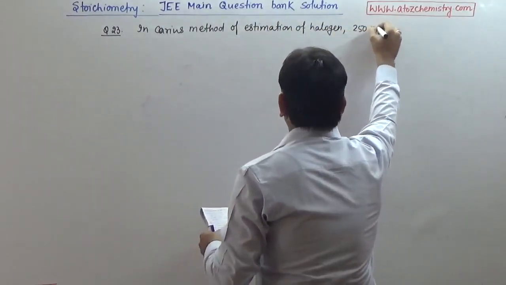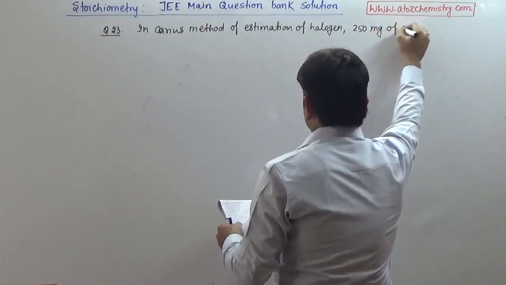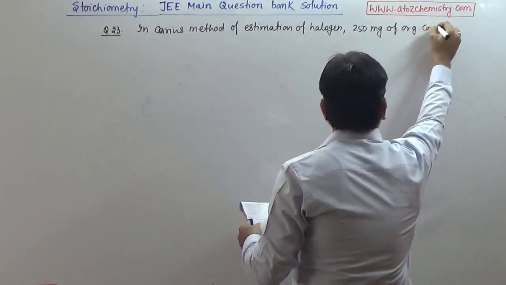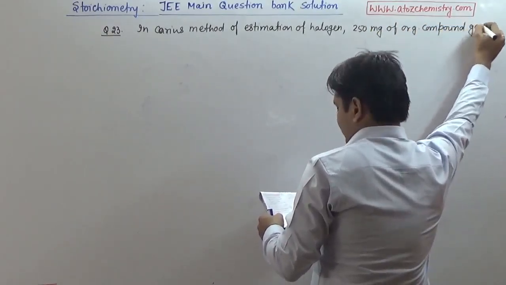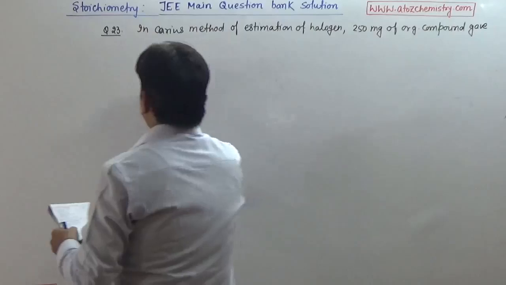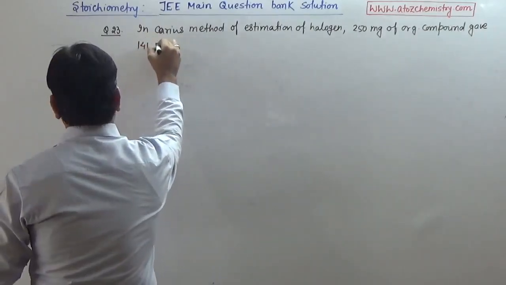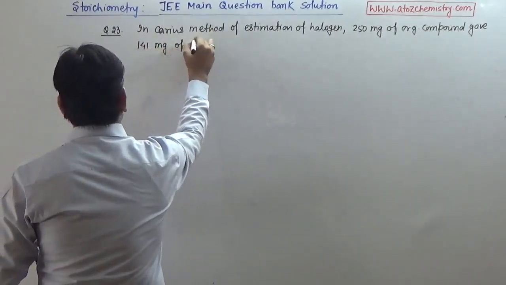250 milligram of organic compound gave 141 milligram of AgBr.